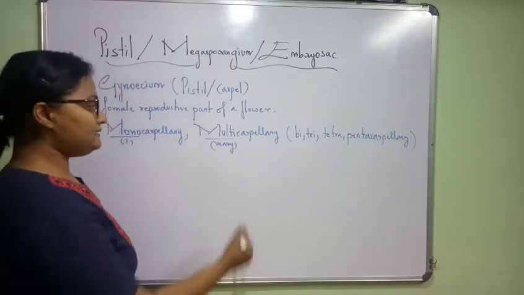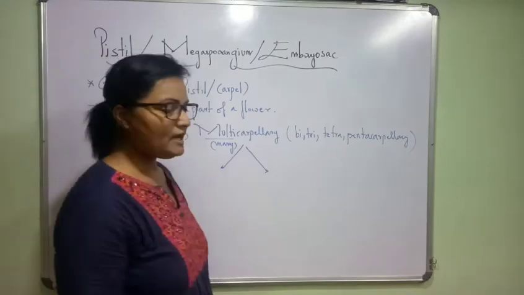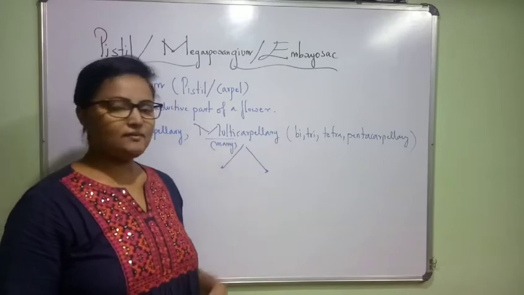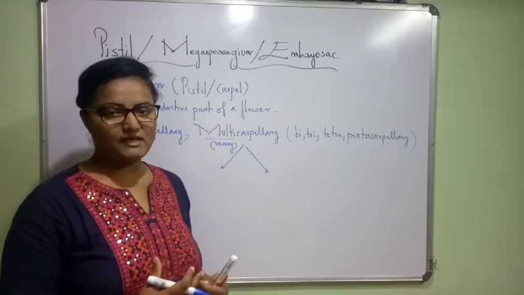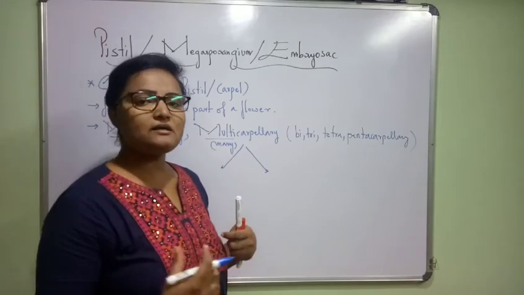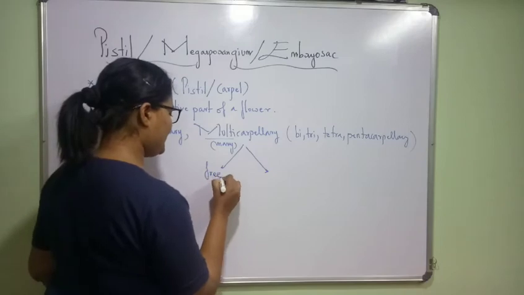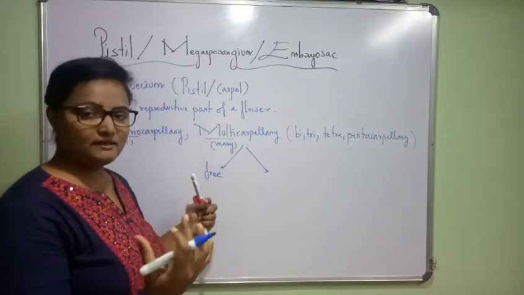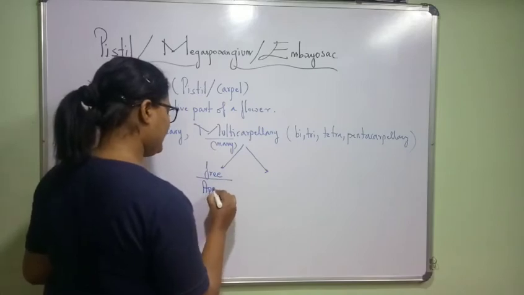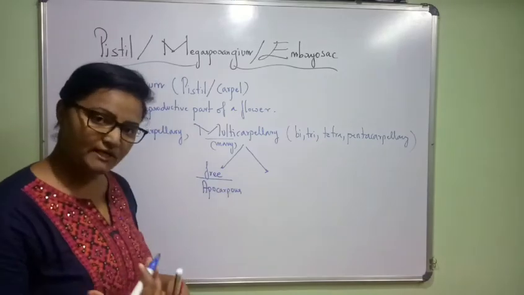And the speciality of this multicarpellary: multicarpellary means the condition where there are many carpels. Sometimes these carpels are freely arranged, which means they all are free. Such a condition we call apocarpous. Already we have studied this.